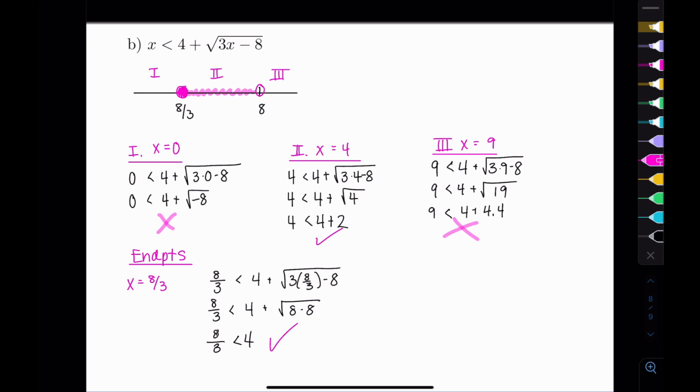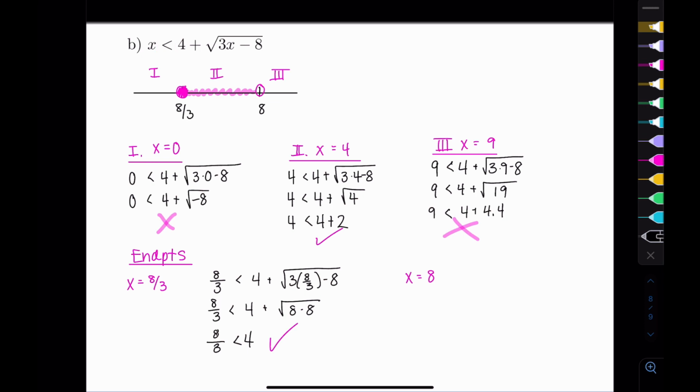If we try the other endpoint of x equals positive 8, this came from the equation, and because we have a strict inequality, I'm not going to be able to actually equal this one.